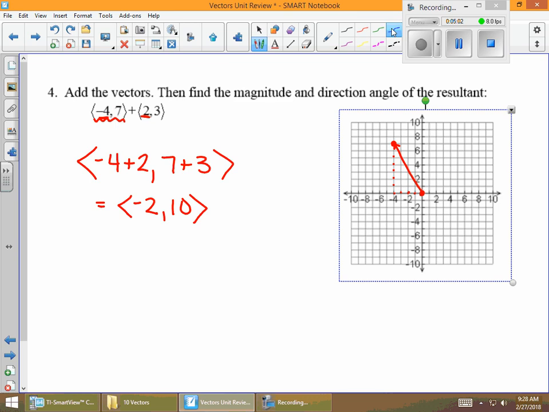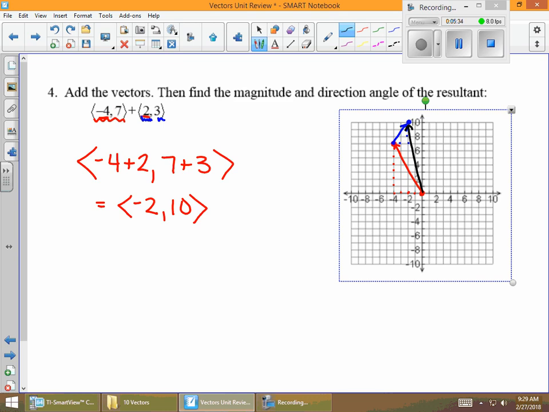From there, I'm going to go 2 in the positive horizontal direction, and 3 in the positive vertical direction. Here's the head of my new vector. My resultant vector that starts at the origin and ends at my final point is negative 2, 10. So that's how you show that graphically.